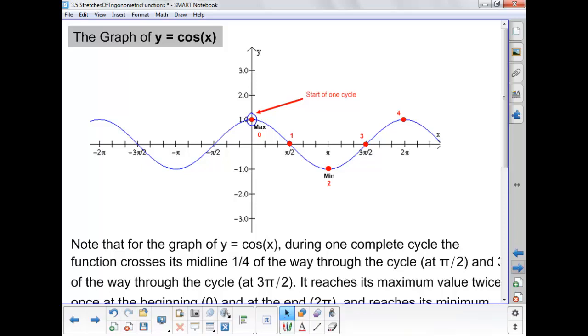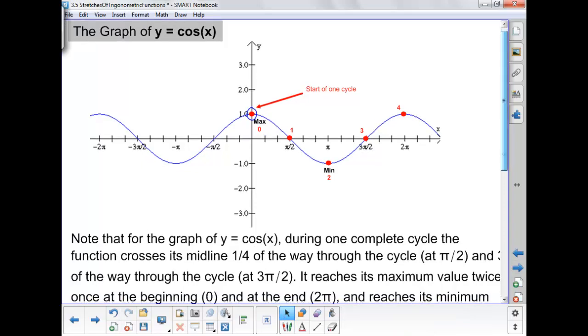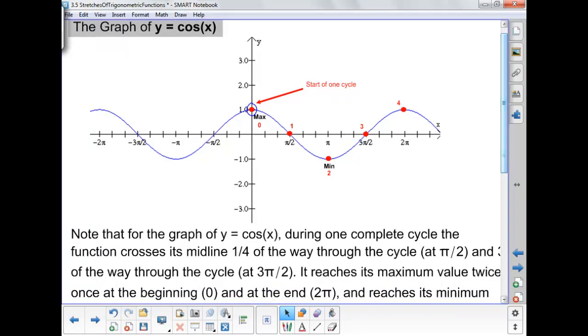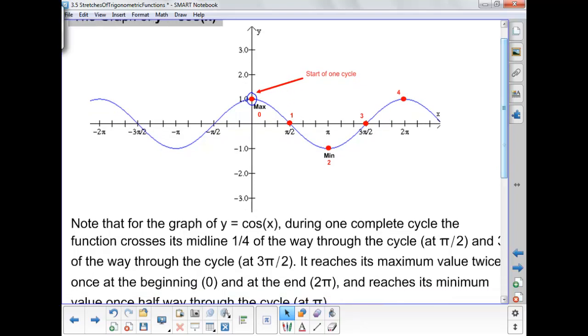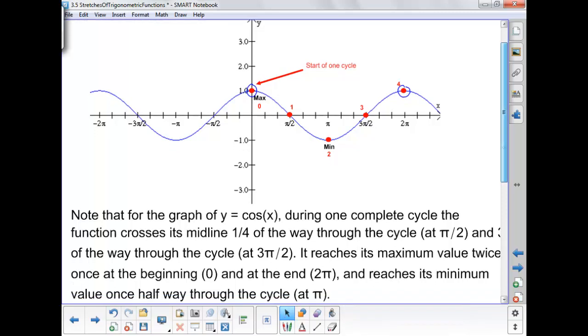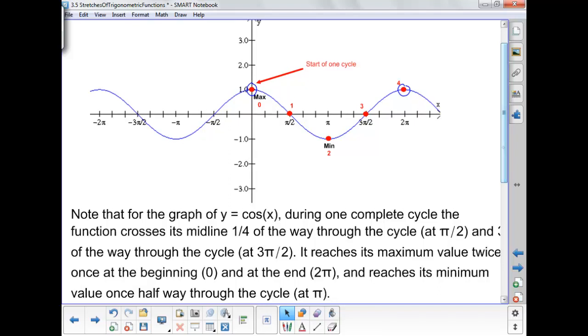So the pattern in the points for cosine is to start from its max, head to its midline, then go to its minimum, back to its midline, and end at another maximum. Between our initial point 0 and point 4, we have one complete cycle, again with 4 critical points separating my starting point and my ending point.